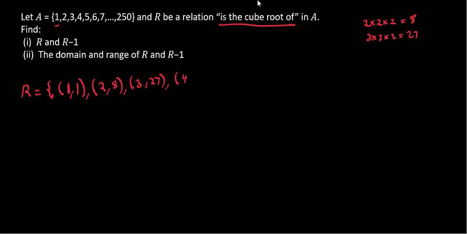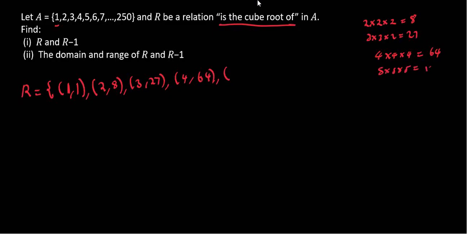Then you go to 4. If I say 4 times 4 times 4, what is the answer? I shall get 64. Is it in A? Yes, still within. 5. 5 times 5 times 5.